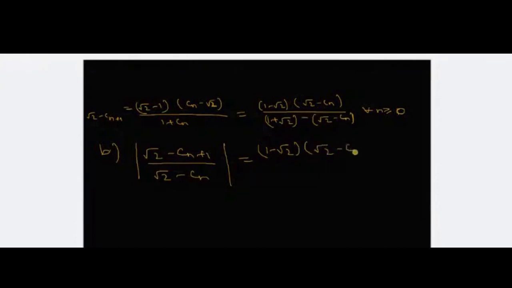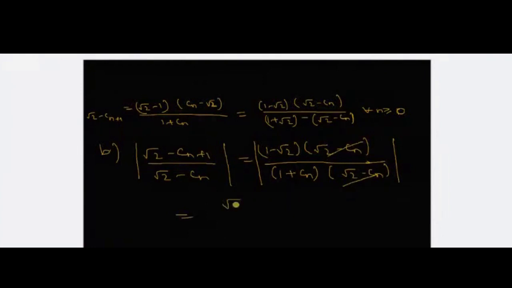This looks complicated, so we write the simplified version as it was. In the denominator this will be root 2 minus c_n, so we can cancel this.